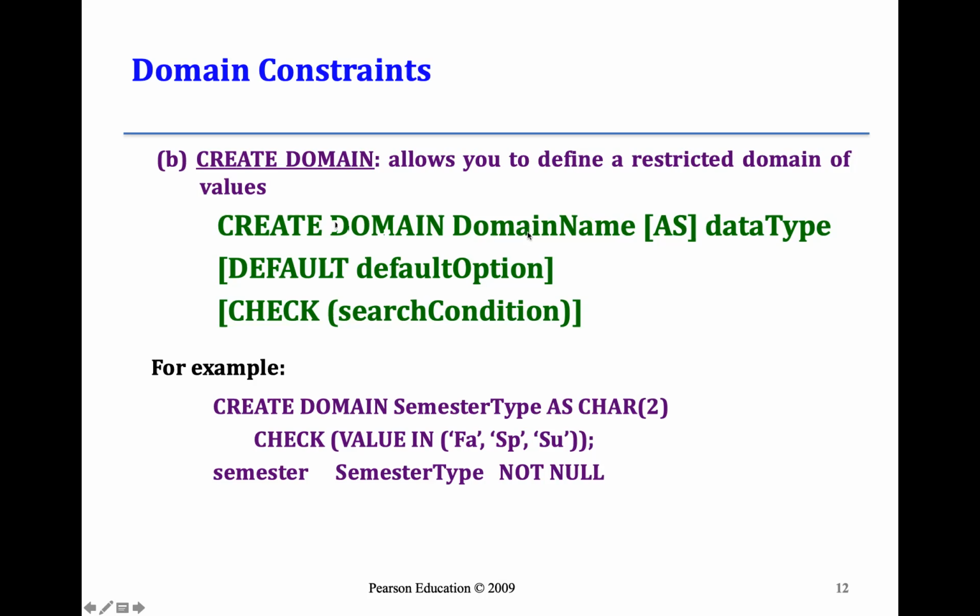You give it a domain name, specify the data type, provide a default value for that domain, and then a check that will restrict which values of that data type are valid. So here I create a domain called semester type as char(2), check the value is in fall, spring, or summer. Now when I declare semester, I can declare it as semester type. This is helpful when we want to reuse the domain multiple times across multiple tables.